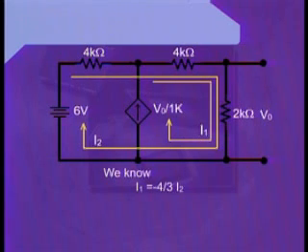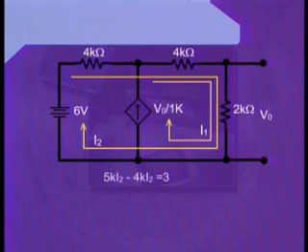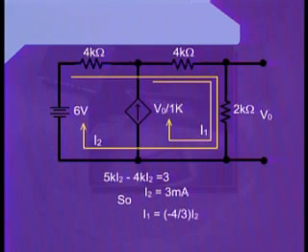Therefore, putting the value of I1 into the previous equation, we can write 5k I2 plus 3k into minus 4 divided by 3 into I2 equals 3. Further, we can write it as 5k I2 minus 4k I2 is equal to 3. Or we can write I2 is equal to 3 milliamperes.